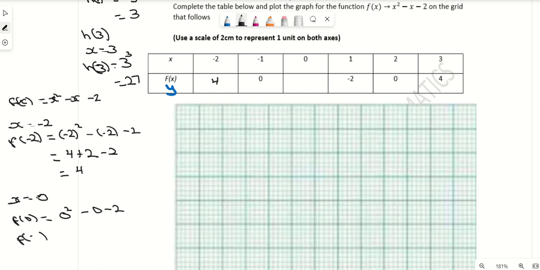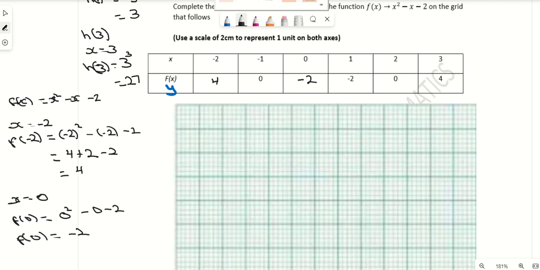So f of 0 would be equal to 0 squared is 0, 0 minus 0 is 0, and 0 minus 2 is -2. So we see that this here is -2 right here. And that would be the answer when x is equal to 0. F of 0 is equal to -2.